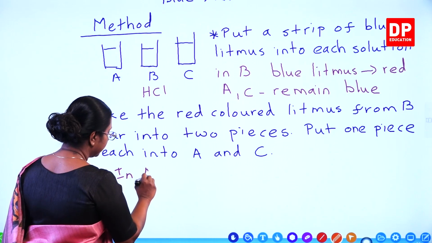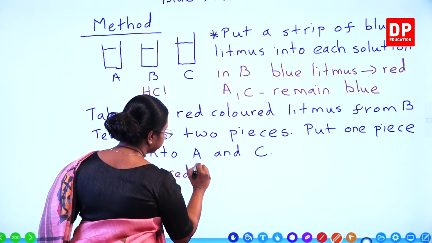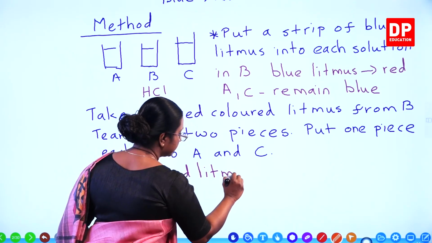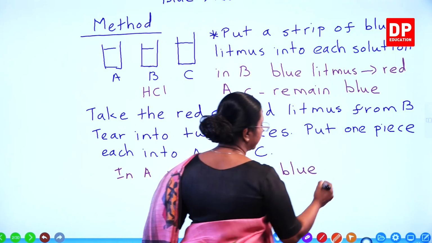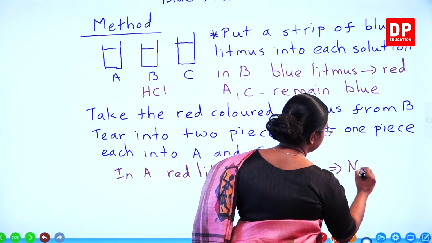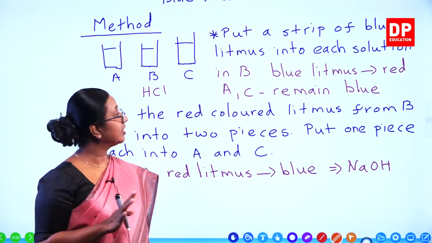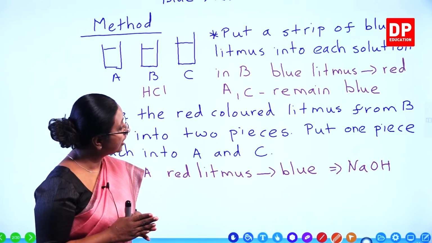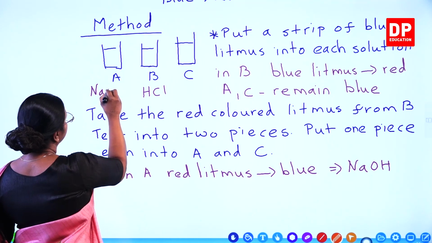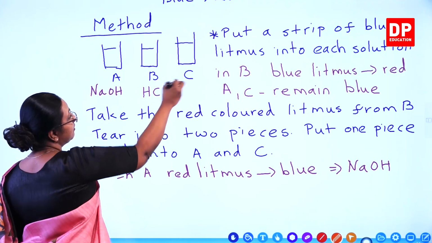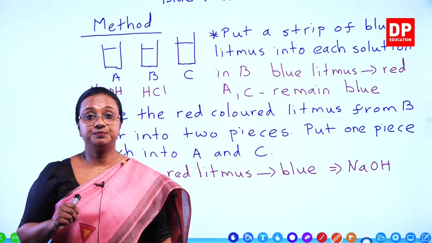In A, red litmus turns blue. So that means it is sodium hydroxide. So now we have confirmed that B is hydrochloric acid, then A is NaOH. So what is left? We have sodium chloride. Is that clear to you all?